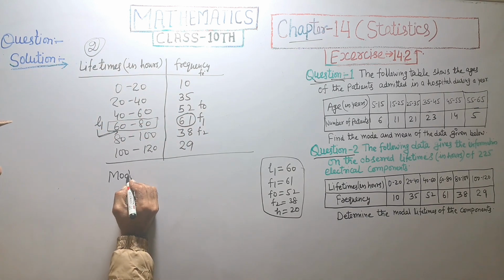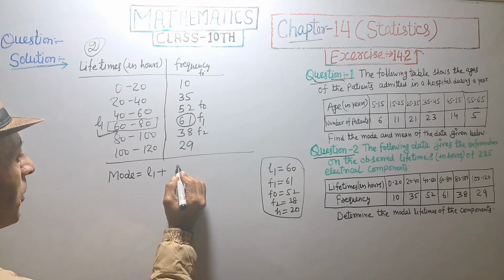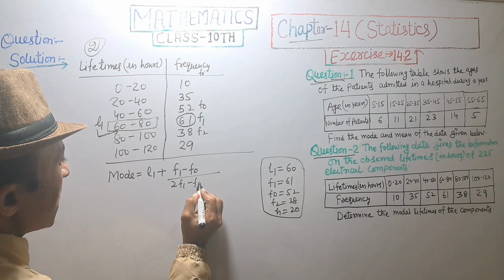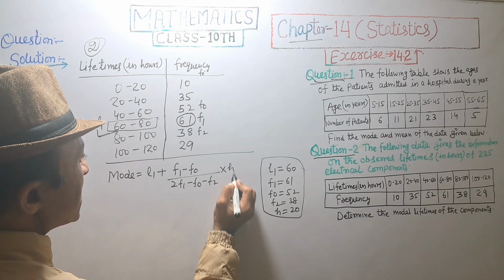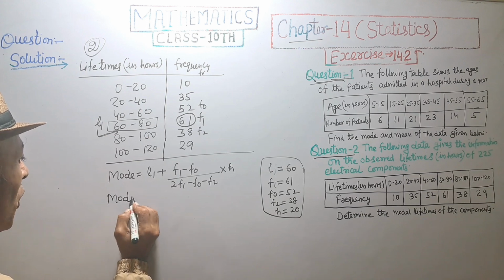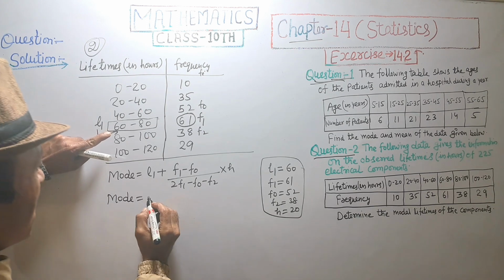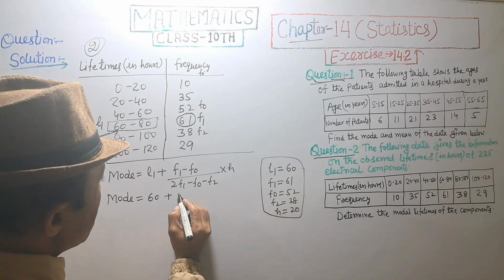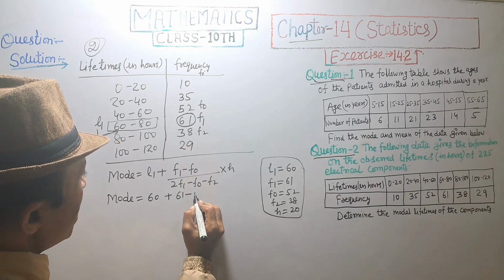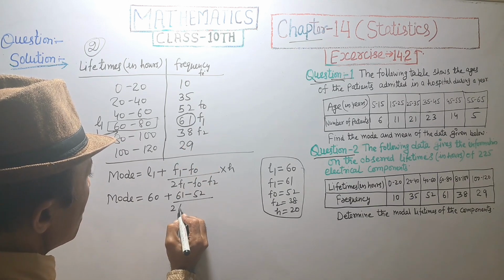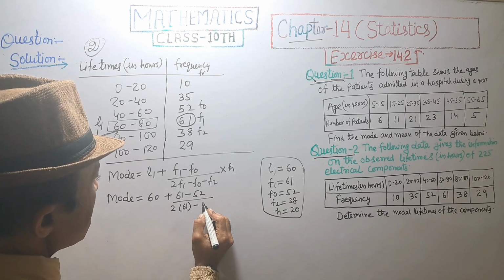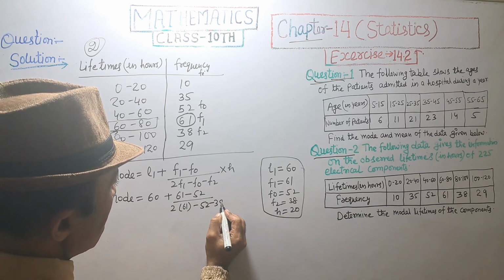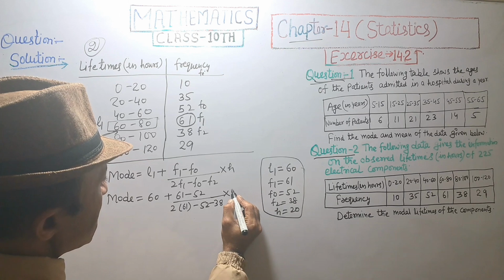Mode is equal to l1 plus f1 minus f0 divided by 2 f1 minus f0 minus f2, multiplied by h. So mode is equal to l1, here 60, plus f1 is 61 minus f0 is 52 divided by 2 into f1 is 61 minus f0 is 52 minus f2 is 38, multiplied by h, which is equal to 20.